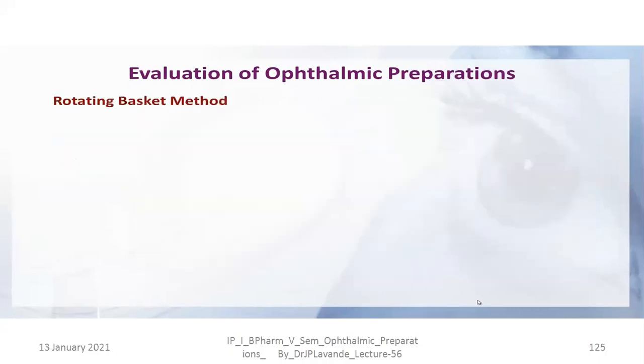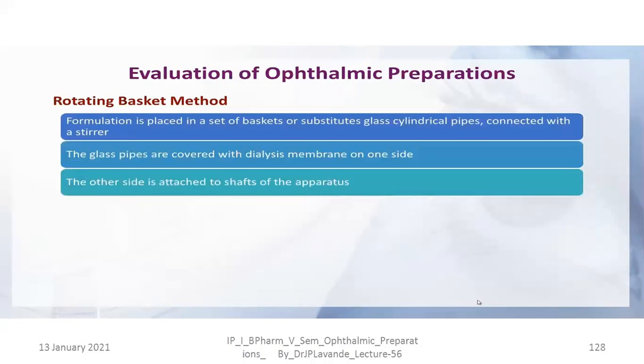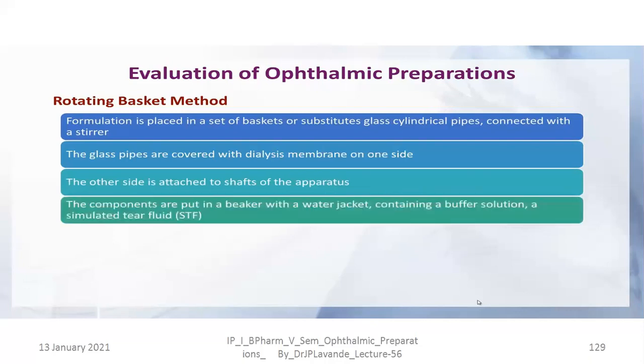There is another method, the rotating basket method. The formulation is placed in a set of baskets or substitutes, glass cylindrical pipes connected with a stirrer. Glass pipes are covered with dialysis membrane on one side. The other side is attached to the shafts of the apparatus. The components are put in a beaker with a water jacket containing a buffer solution, a simulated tear fluid, that is STF. What is STF?